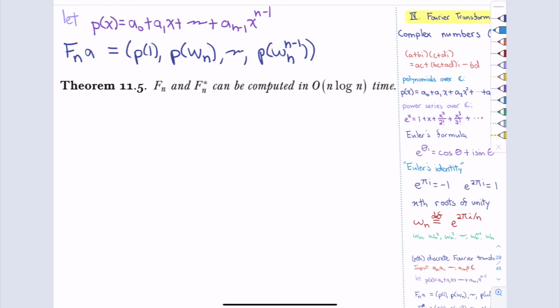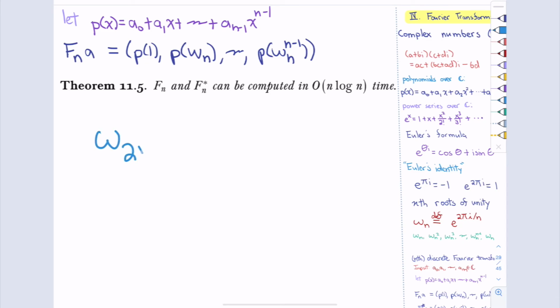We're going to need basically one very silly trick to set up the divide and conquer. And this will explain why we're interested in evaluating at the roots of unity compared to other points. So look at this.